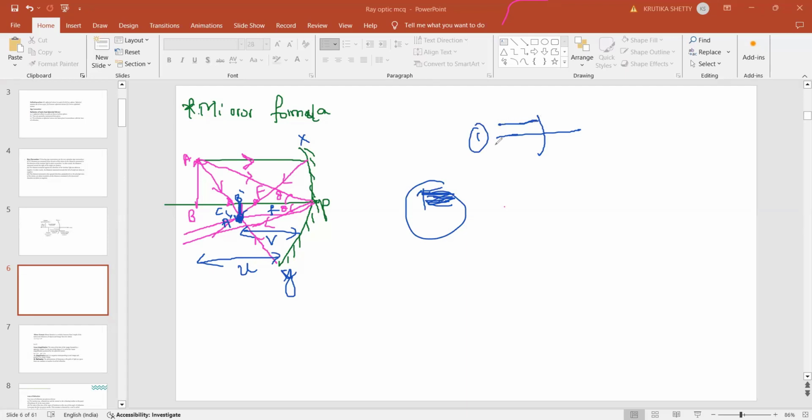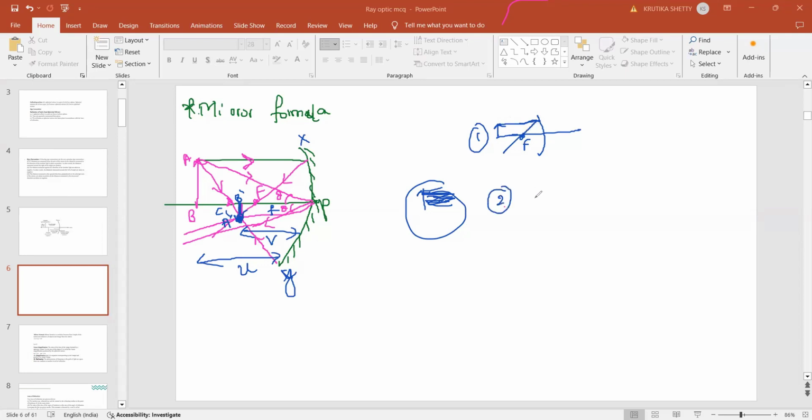First you should observe whether the ray is parallel to the principal axis or not. All rays are not parallel to the principal axis. There are only few rays which are parallel to the principal axis. The ray which is parallel to the principal axis, after reflection passes through the focus. This is the first law.